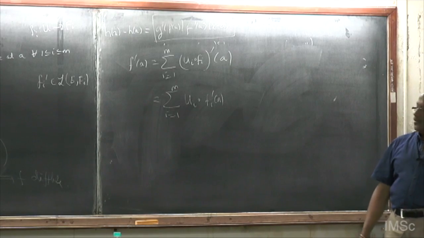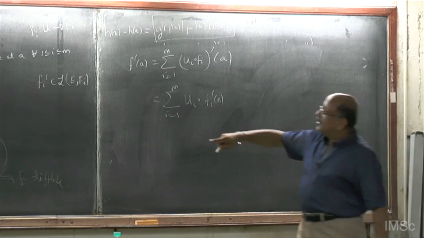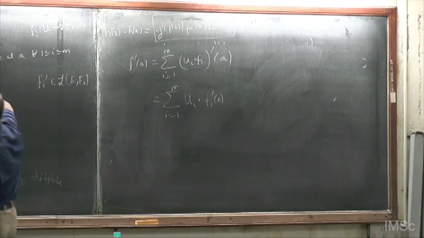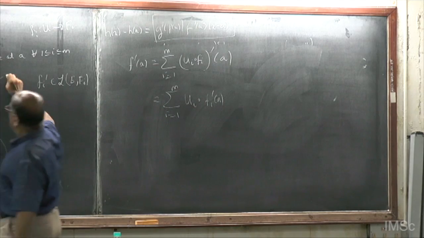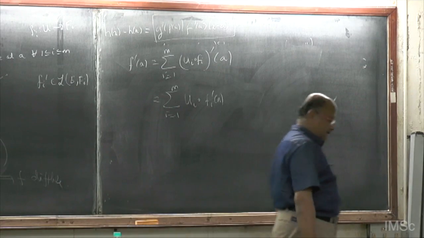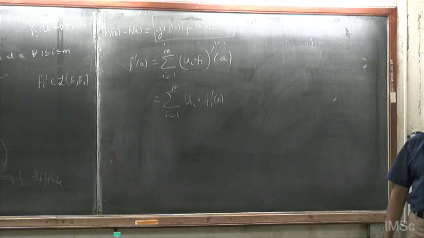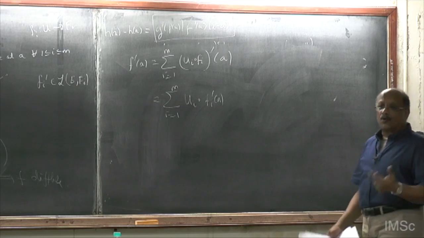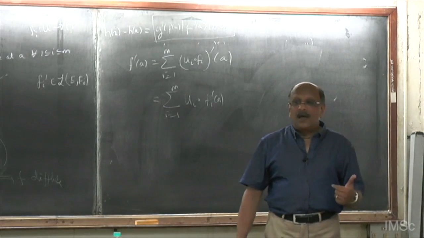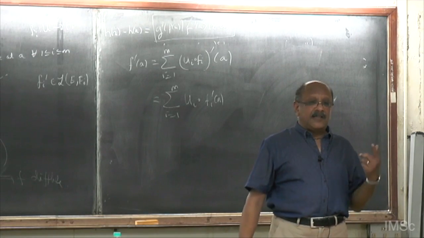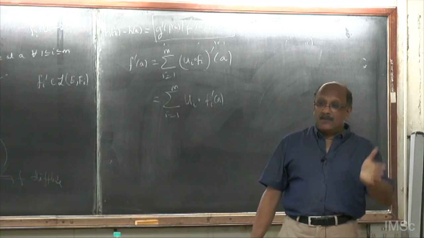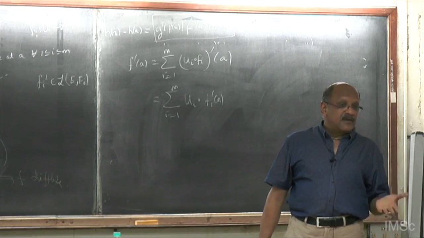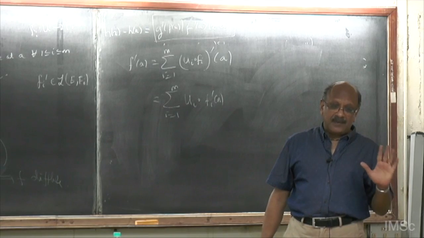So, by the chain rule we get this formula, and that is exactly what we have here. So, we have used the chain rule repeatedly, and we have used the fact that for the linear map, whatever may be the point, the derivative is itself the same linear map.